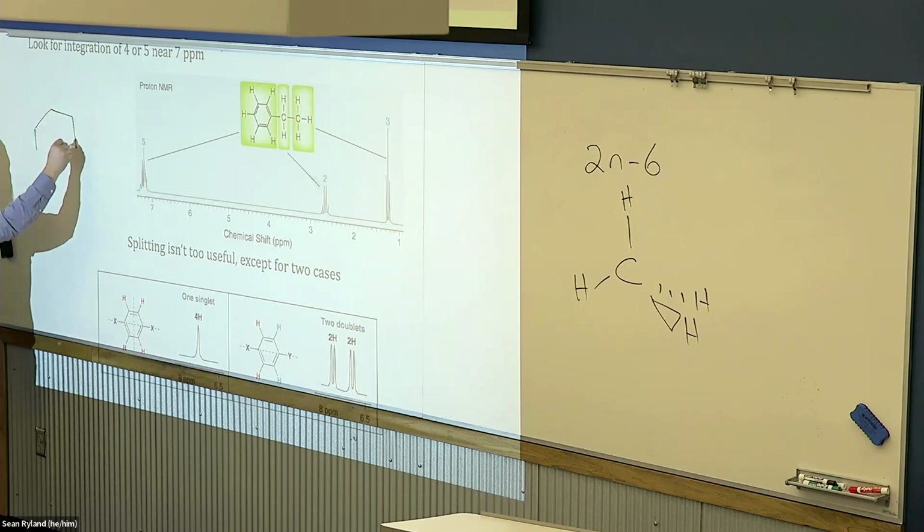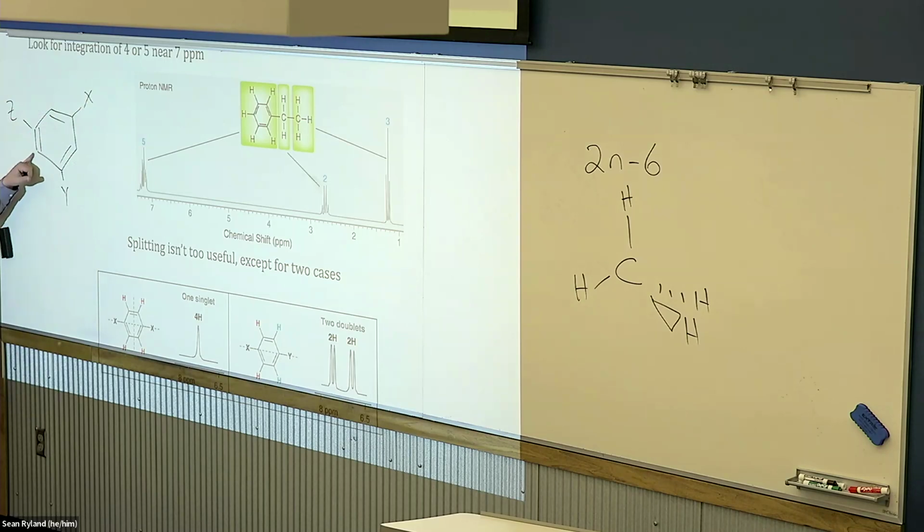If we had a tri-substituted benzene, where everything was unique, and it really doesn't even matter, right, with the third one. If it's tri-substituted and they're all unique, then every single one of these hydrogens is unique. And you might be able to see 3 singlets.